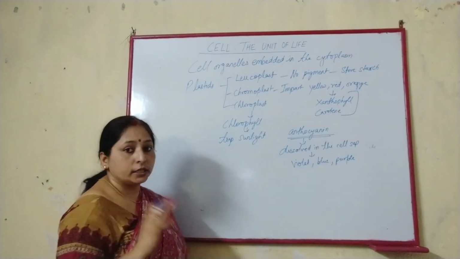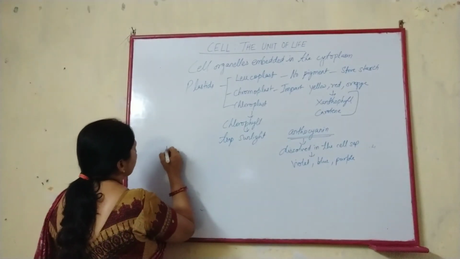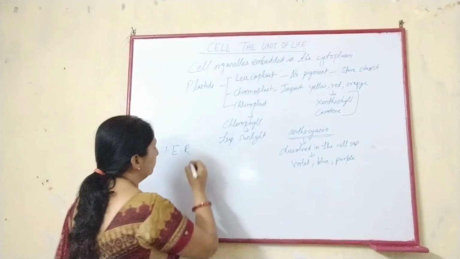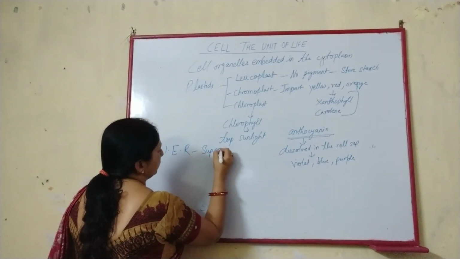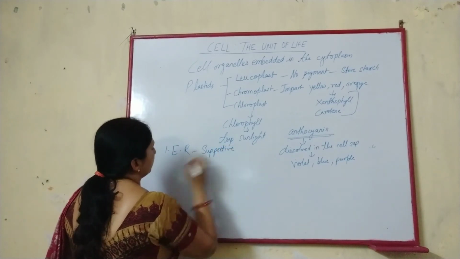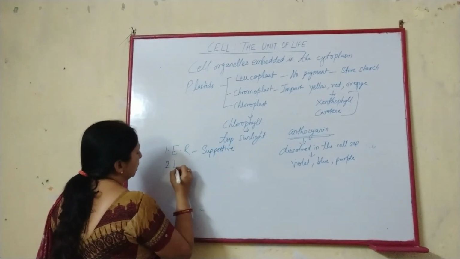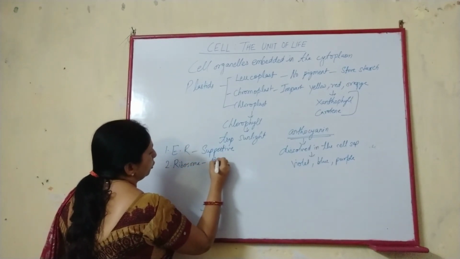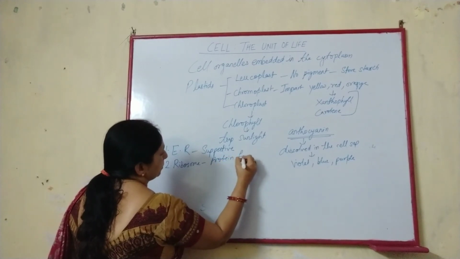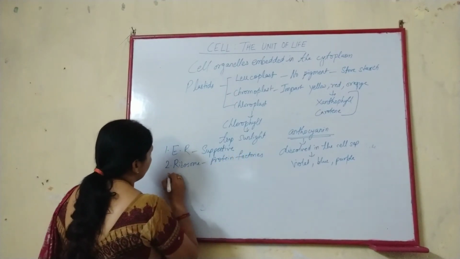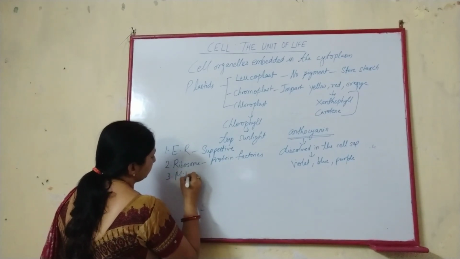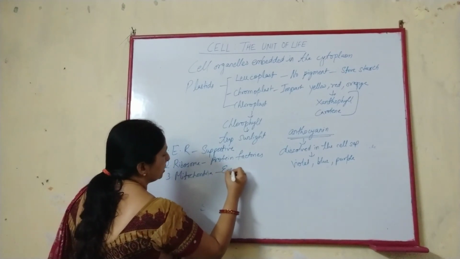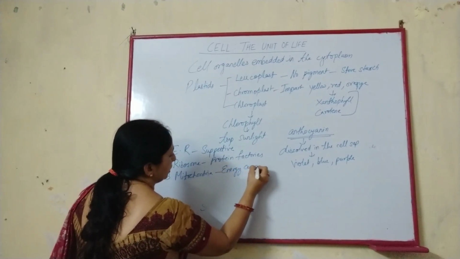Now, a quick recap of what we have studied. First was the endoplasmic reticulum, the supportive framework, supportive network. Number two was the ribosomes, protein factories. Number three, mitochondria, the energy currency.